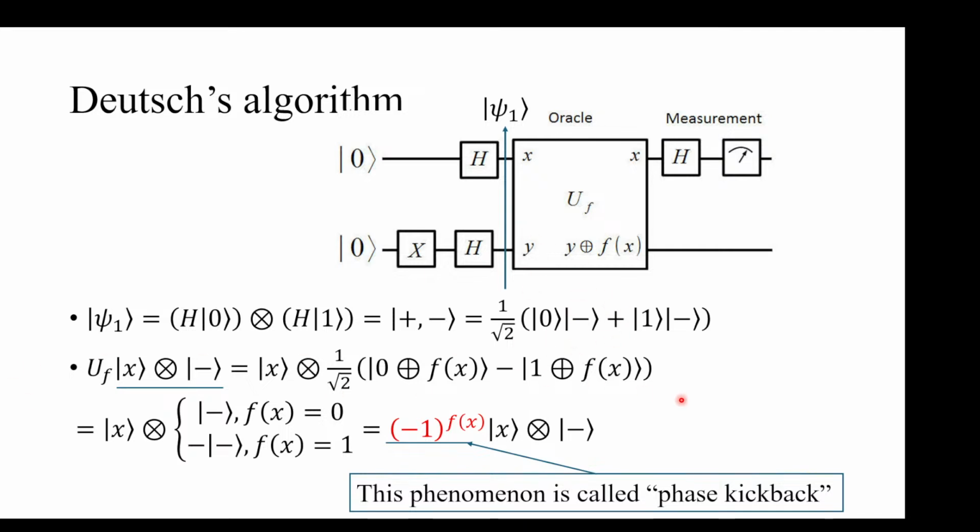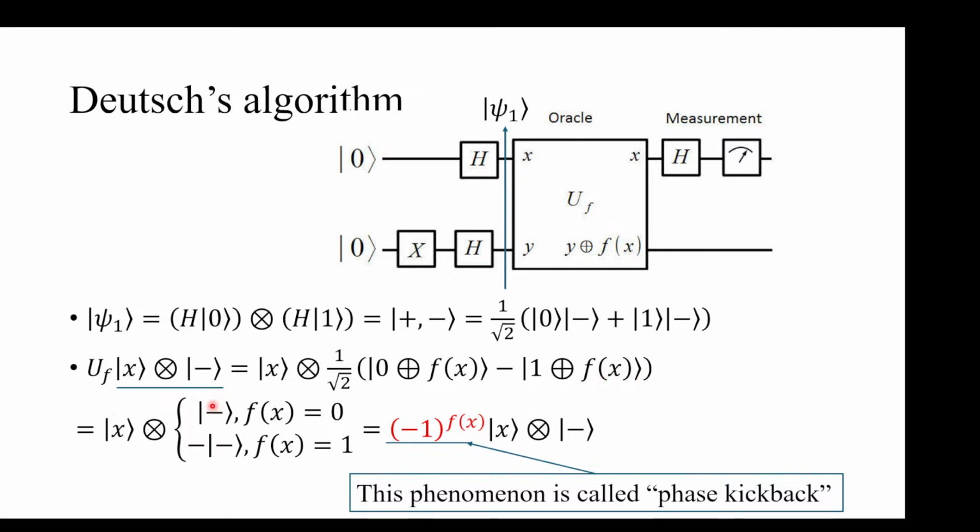That's when we apply our oracle on this x tensor minus state. So x is some computational basis state, and the second register is the minus state. We think about what happens when we apply this U_f on some input x when the output register is this superposition, the minus state.